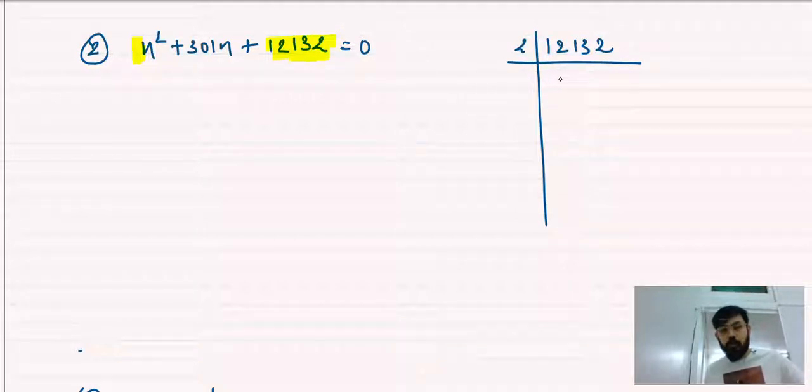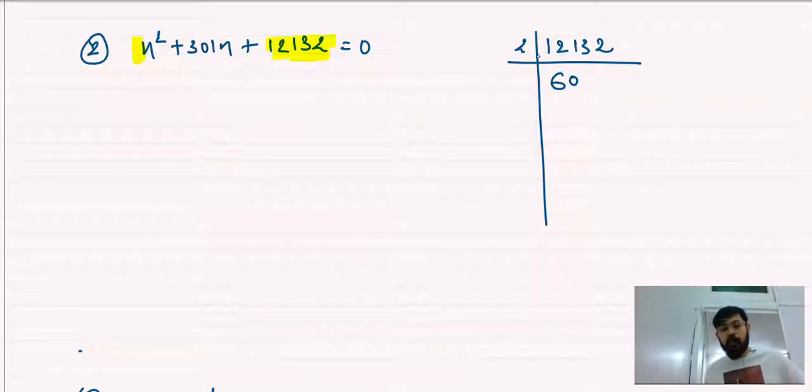2 6s are 12. Again, I get 1 over here. I can't take 13 directly, so I'll go number by number. See, I did 2 6s are 12. Now the next number is 1, which is smaller than 2. So I'll put 0 and then I'll take 3 further with my division.